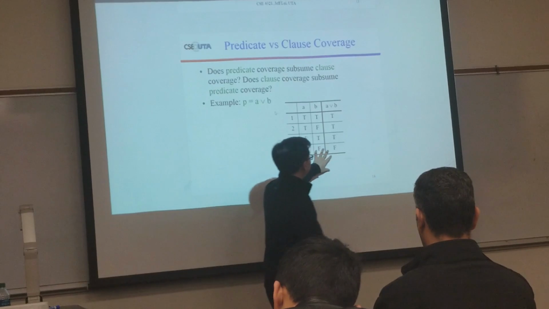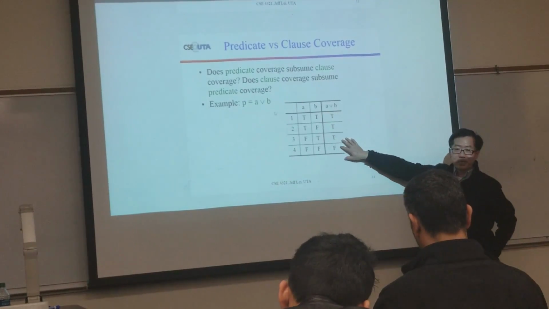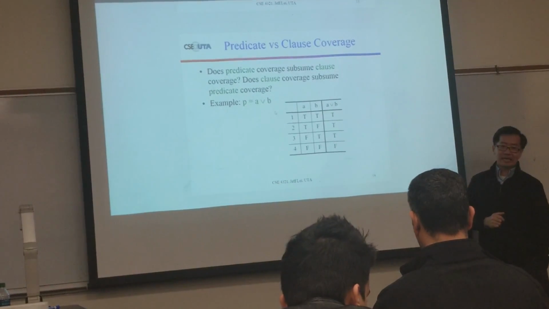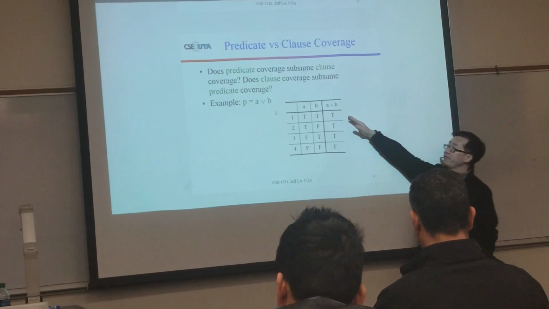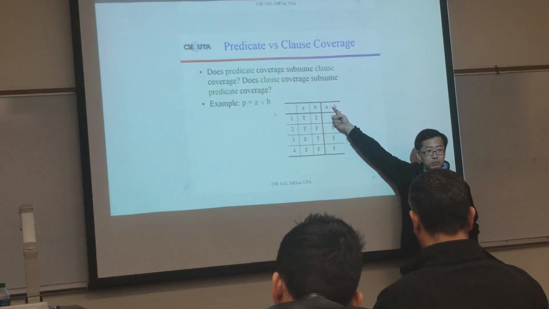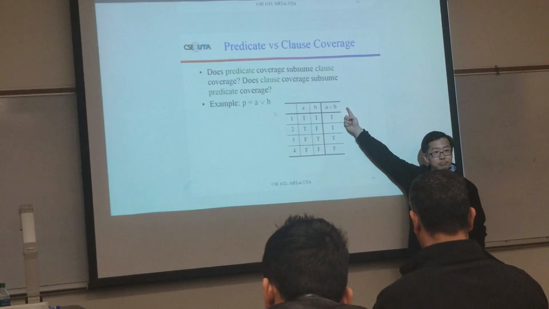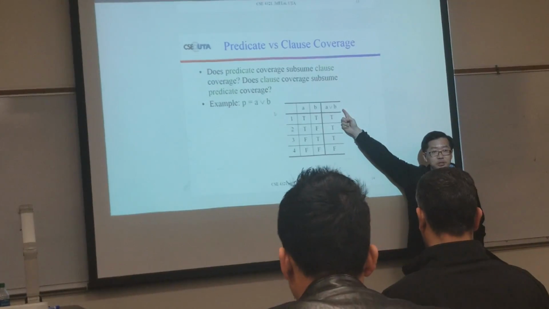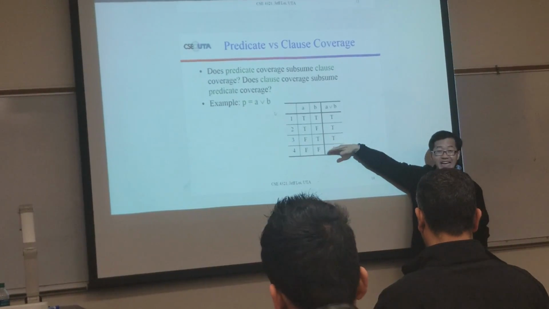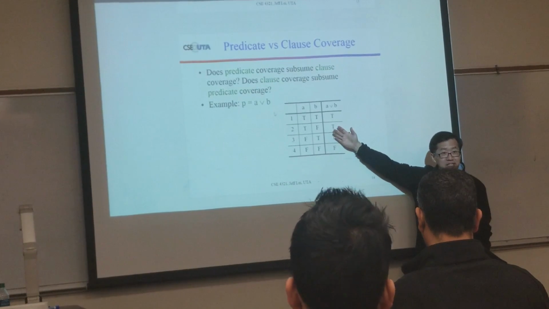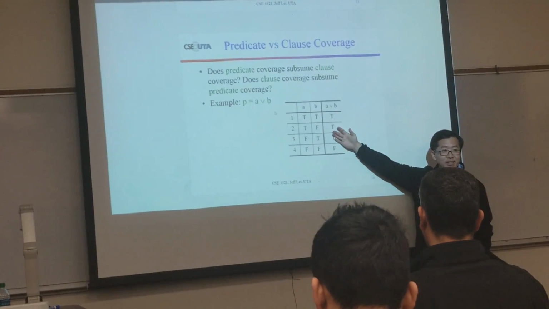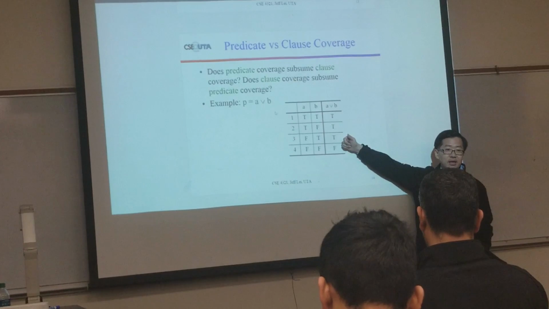So let's look at this very simple example. Can you find the test set? This is the predicate we're talking about. You have a Boolean expression, right? These 4 test cases are all possible test cases you could have. That's an exhaustive test set.